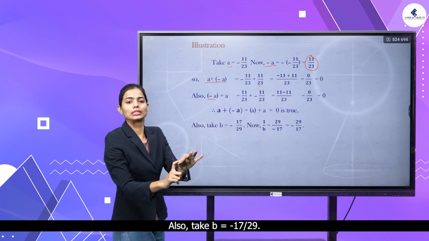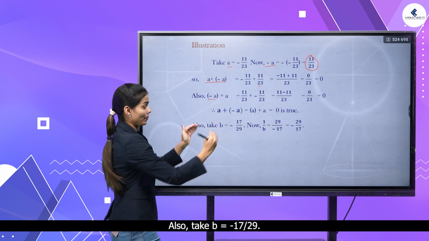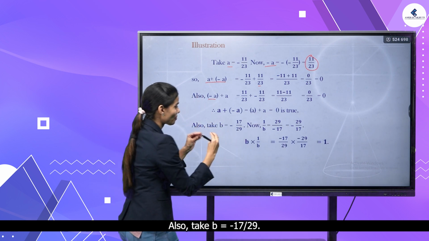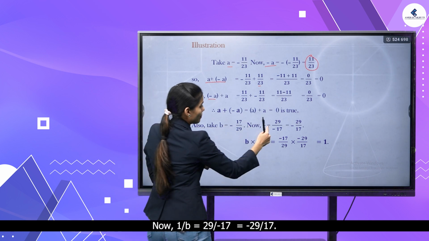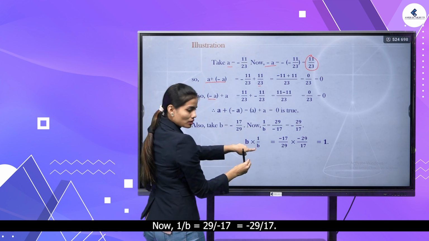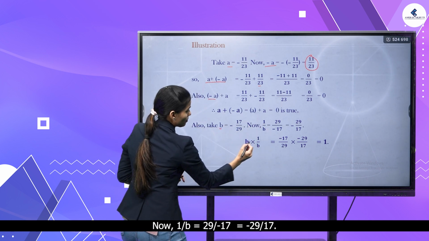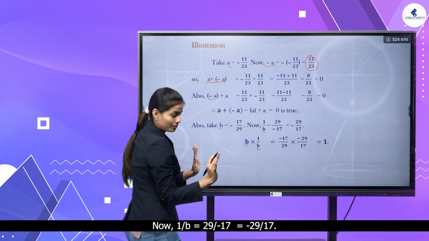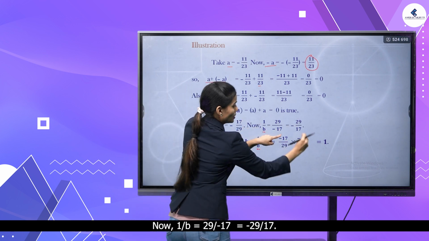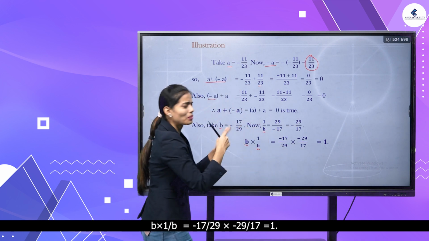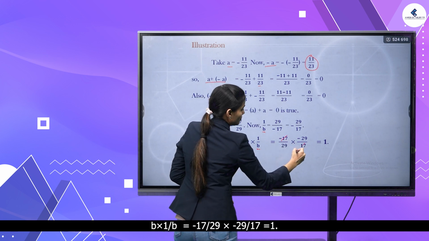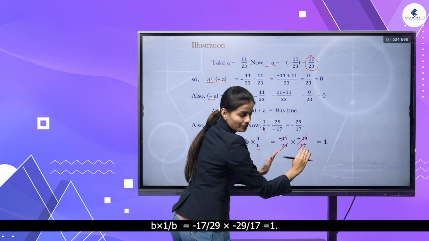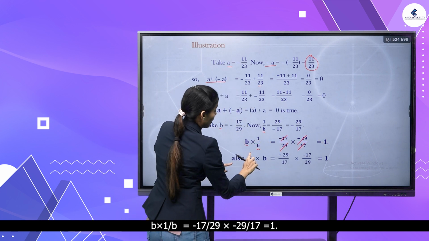Also, take b is equal to minus 17 by 29. Now, 1 by b is equal to 29 by minus 17 is equal to minus 29 by 17. b into 1 by b is equal to minus 17 by 29 into minus 29 by 17 is equal to 1.